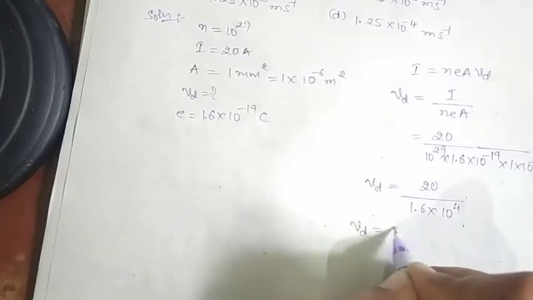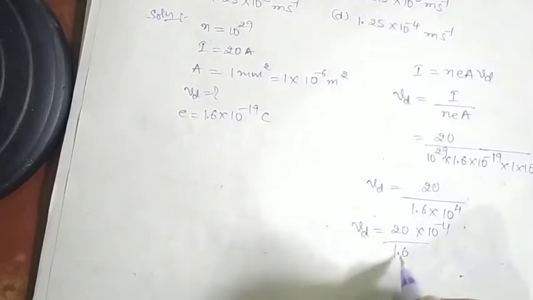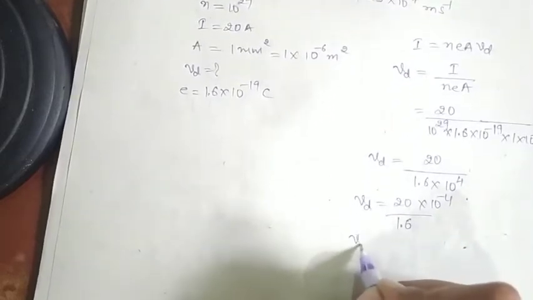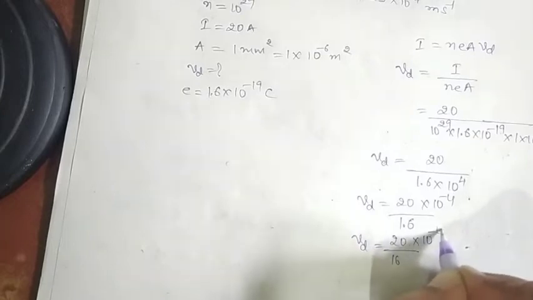Vd equals 20 into 10 power minus 4 divided by 1.6. This 1.6 should be shifted, its point shifted, so 20 divided by 16 in the numerator with 10 power minus 4.